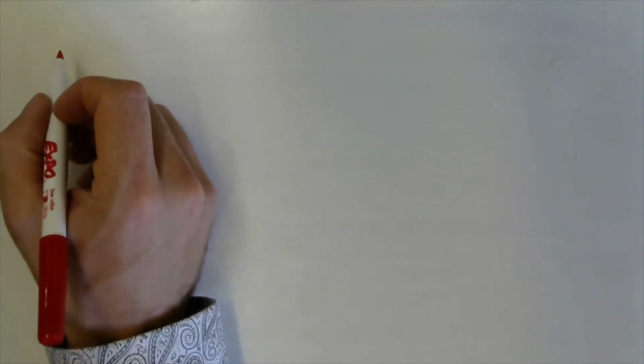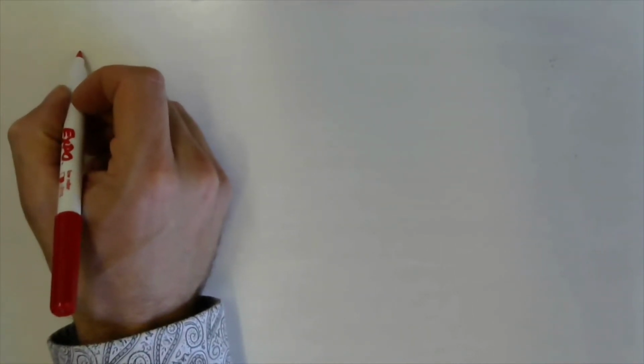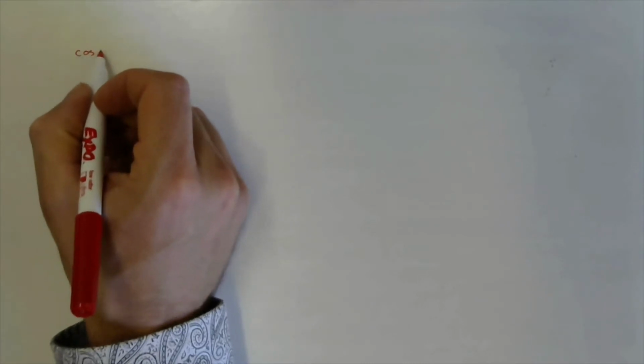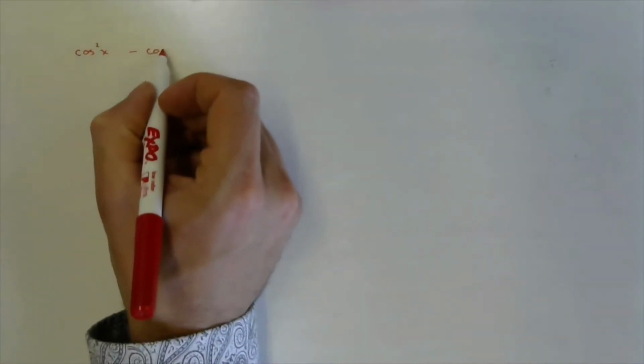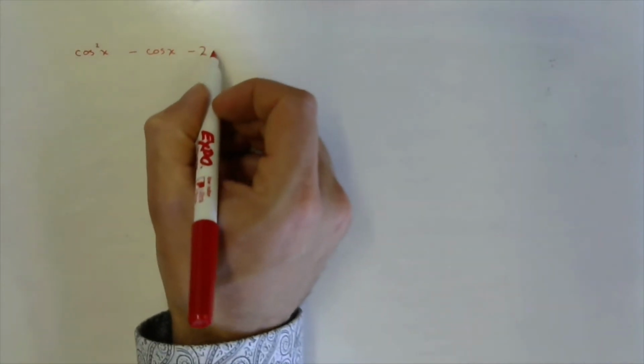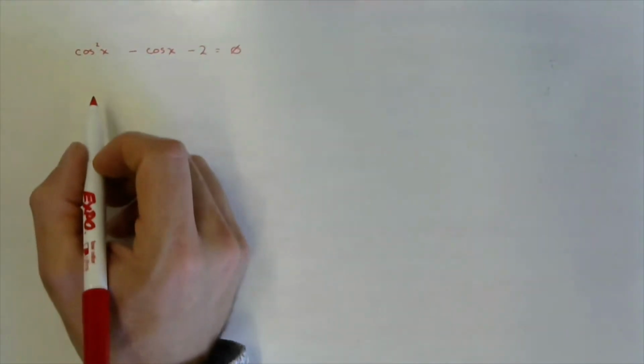All right, example 2. We have a quadratic trigonometric equation that we are going to solve by factoring. So here we go. We've got the square of the cos of x minus the cosine of x minus 2 equals 0.